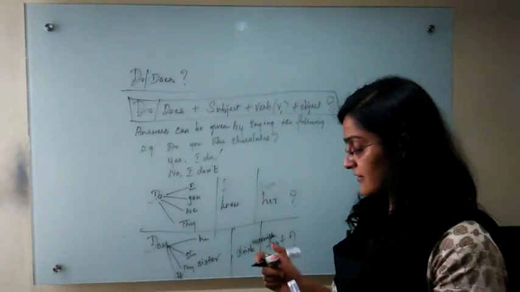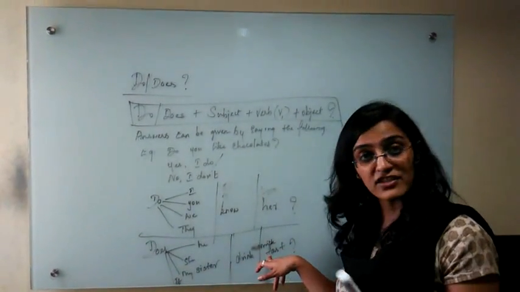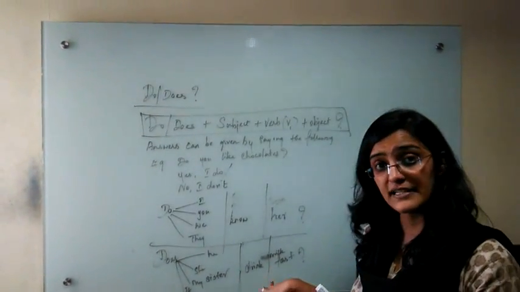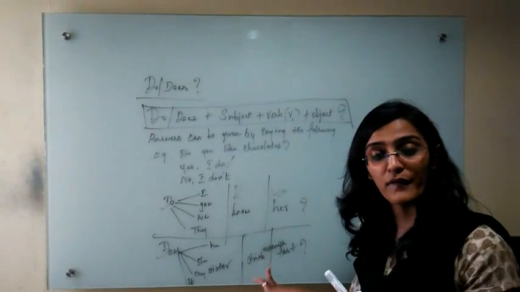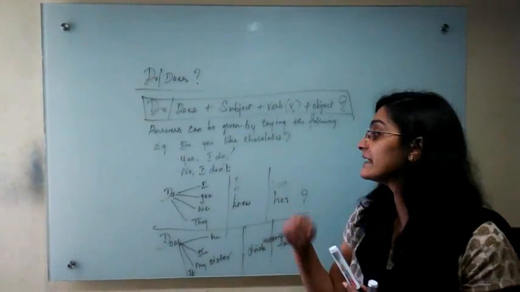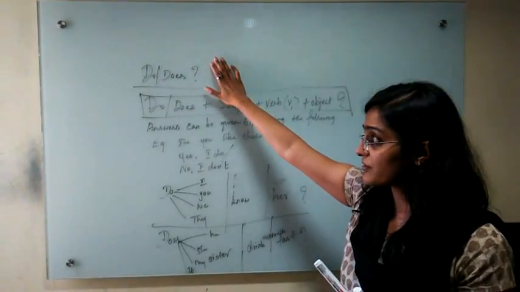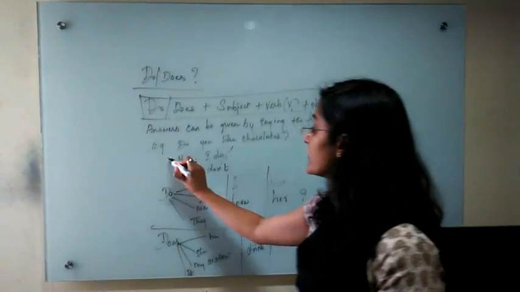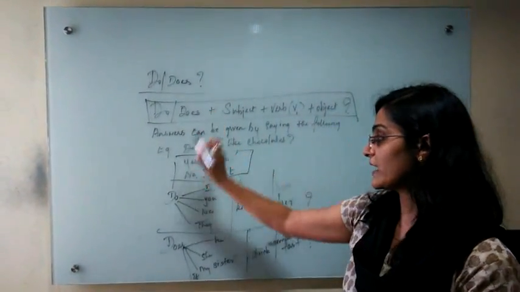Does he drink milk fast? Yes, he does. No, he does not. Does she drink milk fast? Yes, she does. No, she doesn't. Does my sister drink milk fast? Yes, she does. No, she doesn't. Does it drink milk fast? Yes, it does. No, it does not. So this is how you form a positive question by using do or does, and this is how you give answers to the questions asked with do and does.